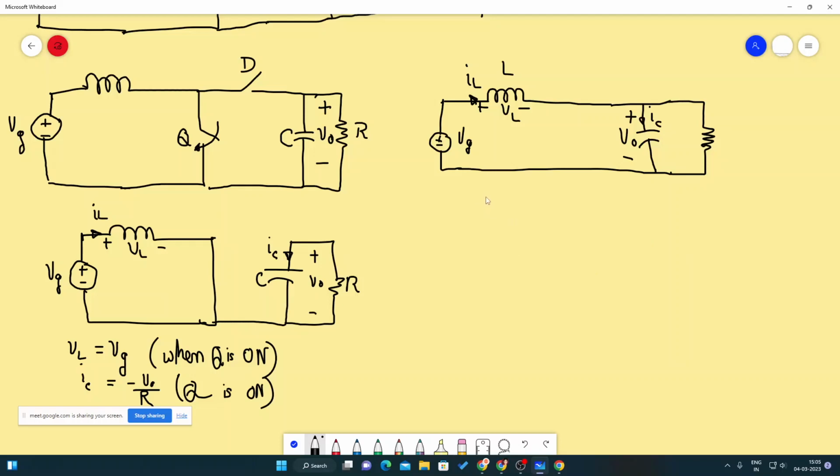Here VL equals, with V naught already written, VG minus V out when D is on. Similarly, IC will be equal to IL minus V out by R when the diode is on.